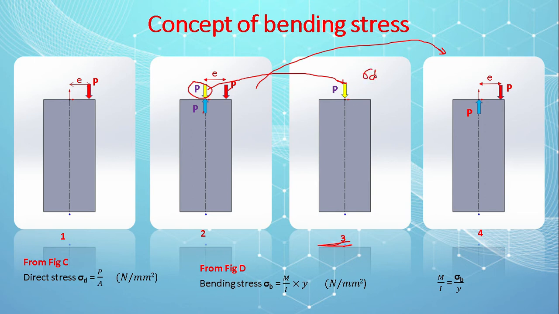So sigma d can be calculated simply by load divided by cross section area, and the unit for this direct stress will be Newton per mm square.